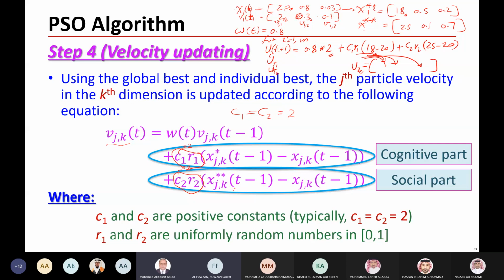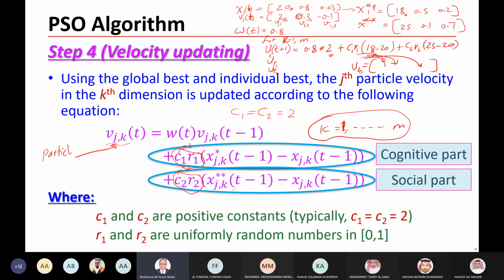Is it clear, Fawzan, or not? Yes. I'm trying to link, Doctor, the M here to K. The K varies from 1 to M, because K is the dimension. The dimension starts from 1 to 3. So the K is from 1 to M. You can have it here, K from 1 to M. Whereas the J is the particle number.